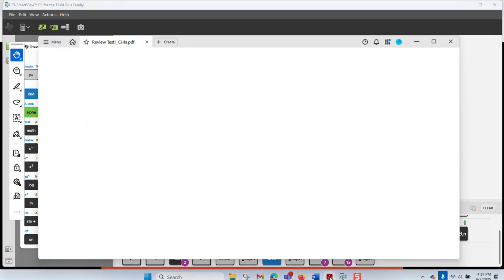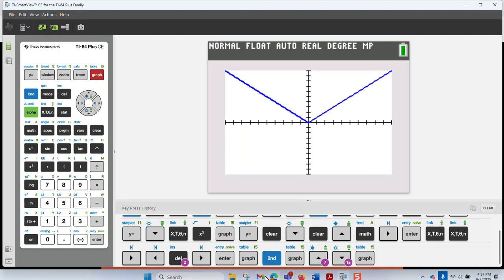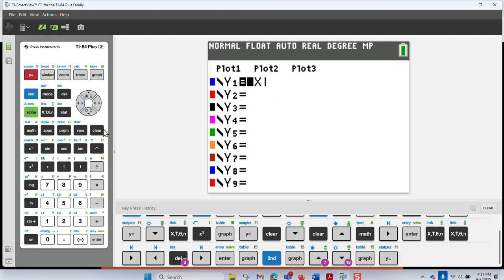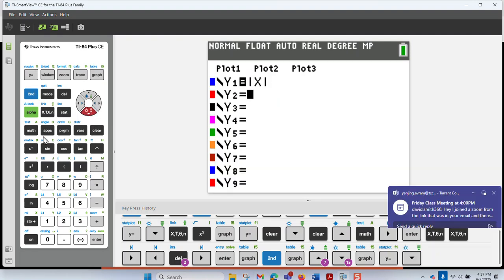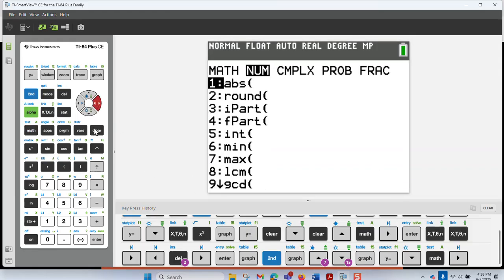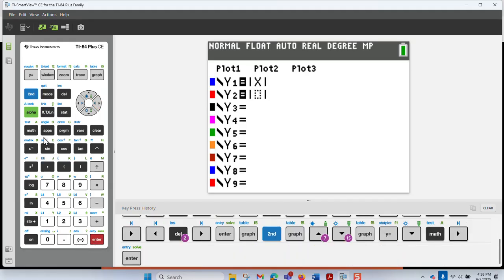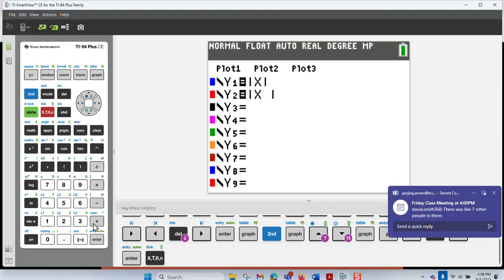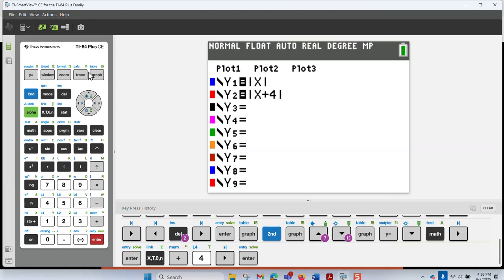And if you do not know how this graph will move, you can graph another one. Okay, so we go to math, and then number, find the absolute value, and then I have x plus 4. All right, and then we hit enter, and then we graph.